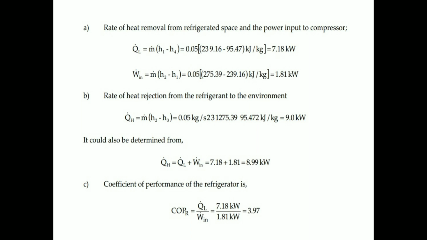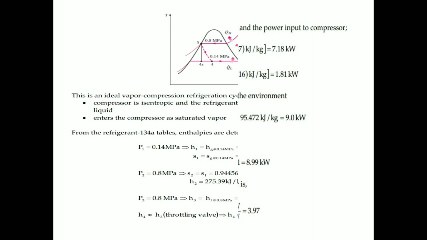So first they asked the rate of heat removal from the refrigerated space, that is equal to QL dot, and we already know the amount of heat removed from the refrigerated space is equal to H1 minus H4.